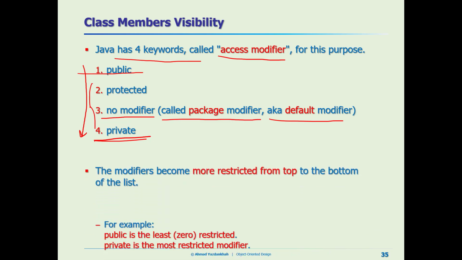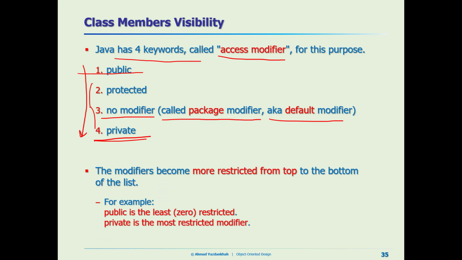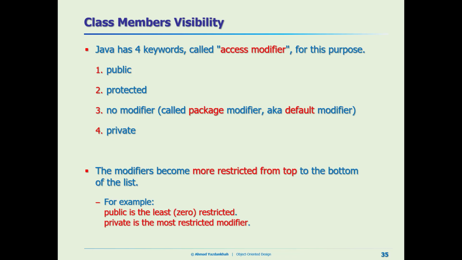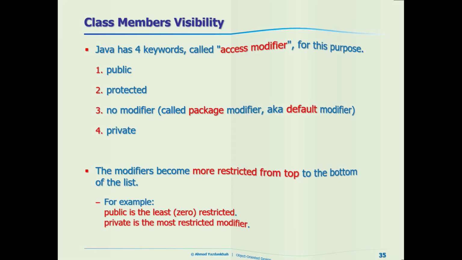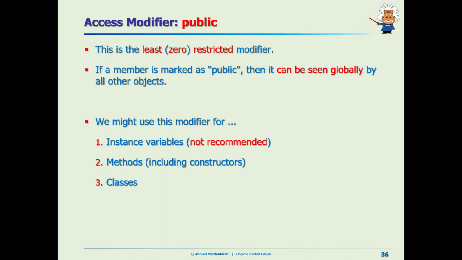Okay, let's start with the public one. I will explain them and I will give you a quick demo about them. So the public modifier, as we said, is the least restricted modifier. When we put this modifier on any class member, the class member can be seen from anywhere.